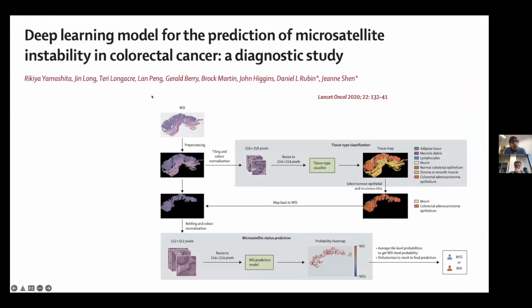So in conclusion, I will just report an example of one of the more recent papers about this topic. This was published in Lancet Oncology, which again is one of the most important journals considering oncological research. In this case, deep learning was applied to predict the presence of microsatellite instability, which is a molecular feature.